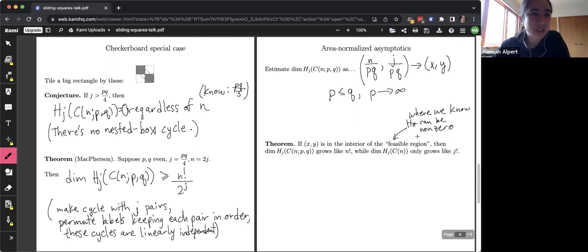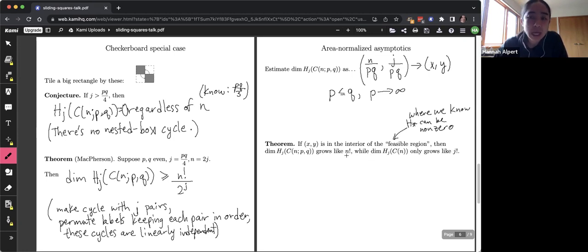There are some other situations where we're not sure if it's non-zero. In that case, we don't know how to estimate asymptotically how big it is because we don't even know if it's non-zero. But for this region where we know it can be non-zero, then we do have this lower bound on how it grows. Well, lower and matching upper bounds.